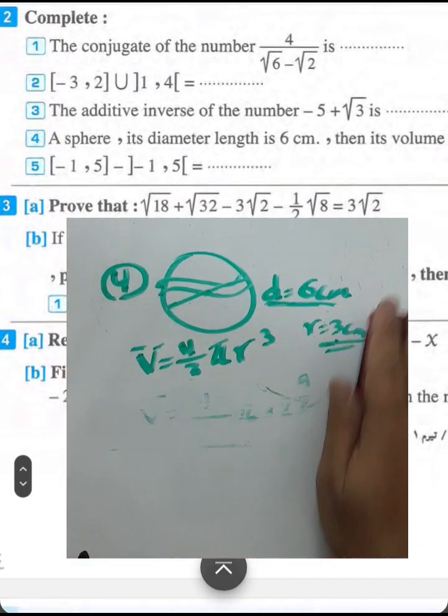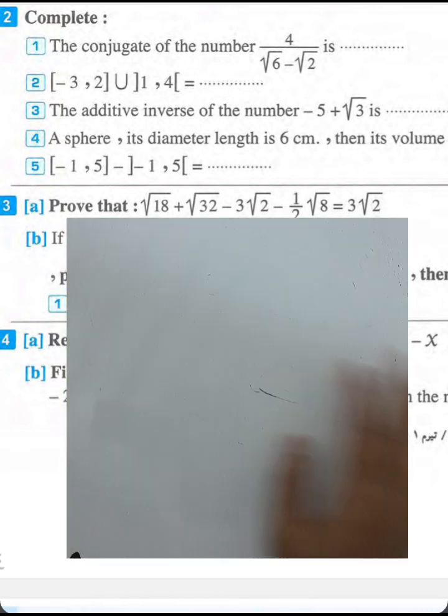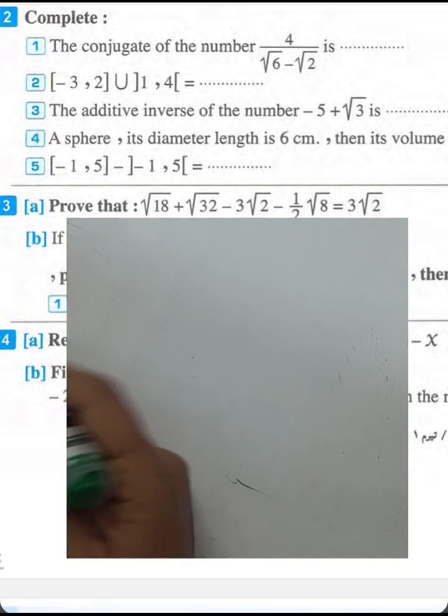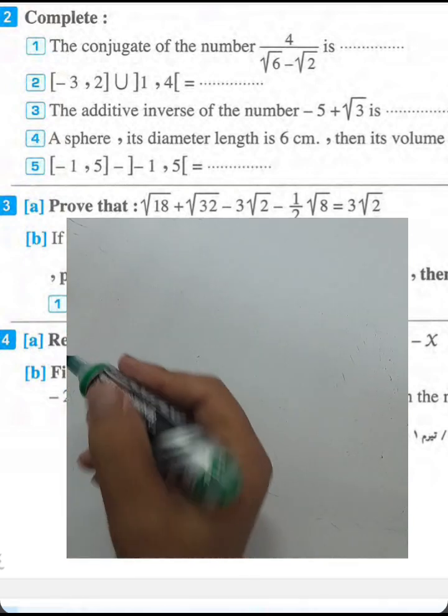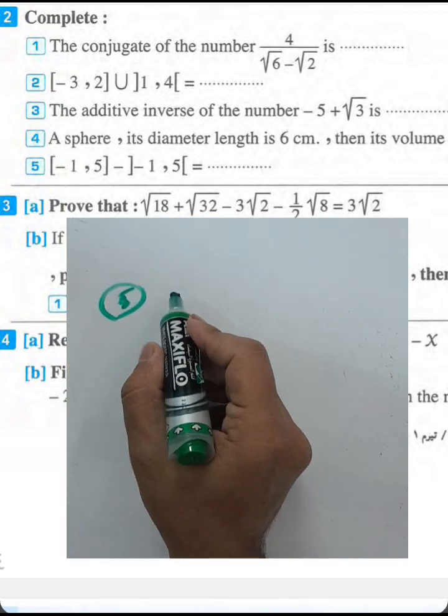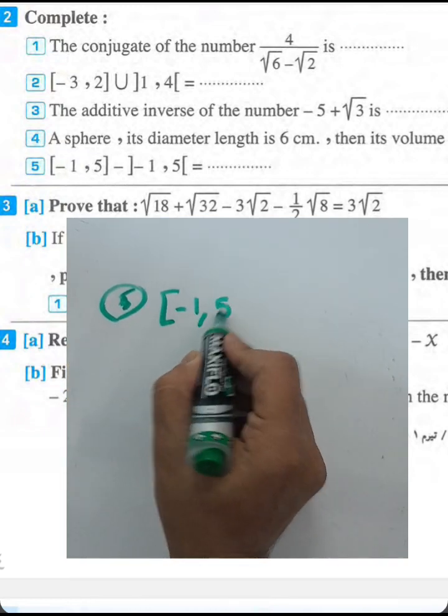Question number 5. We have here the closed interval from -1 to 5. We must cancel from it the open interval from -1 to 5. We have the points -1 and 5, because we have the closed interval from -1 to 5.